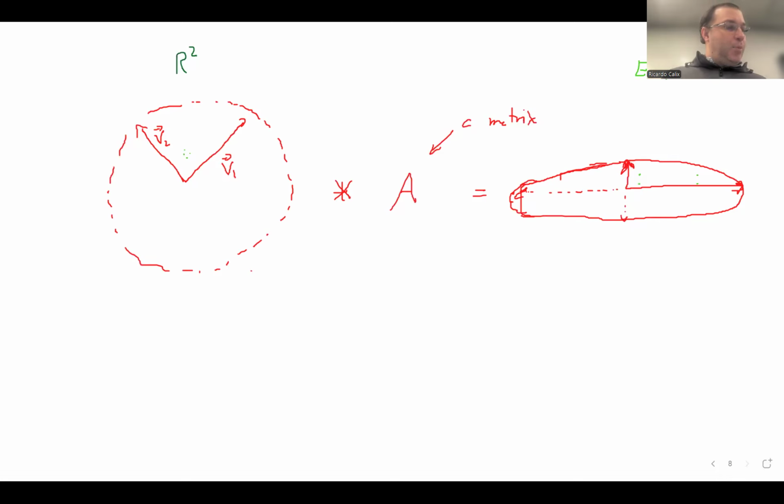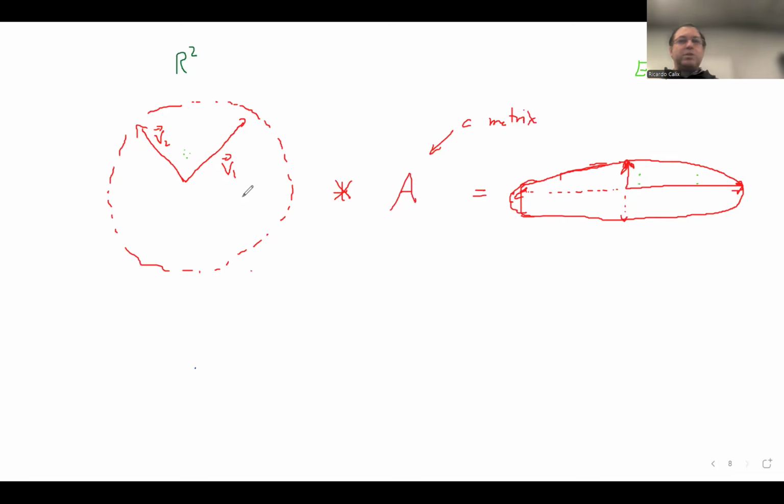Now I'm going to put in a little bit of notation because this is really important, okay? So I'm going to use blue here. We have this notion that we had these two vectors, v1 and v2, and then we rotated v1 and v2. In that case, they would be the same vectors, just rotated.